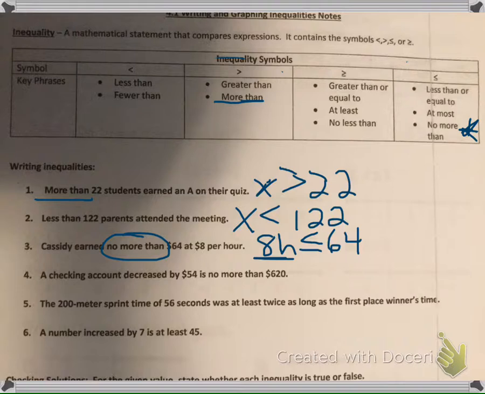A checking account decreased by $54 is no more than $620. I don't know how much money was in the account to begin with, so I'm going to use my variable, but I know that it decreased by $54. And it is no more than 620.